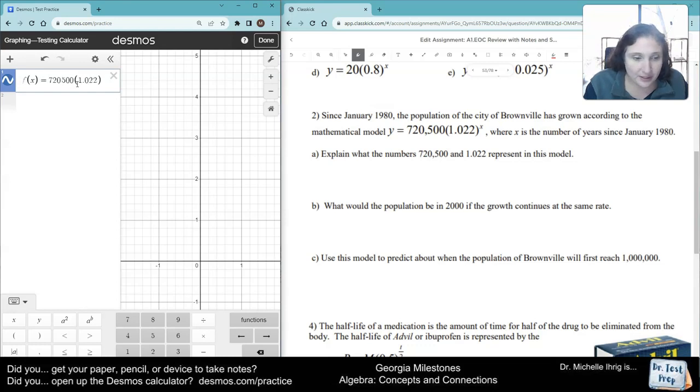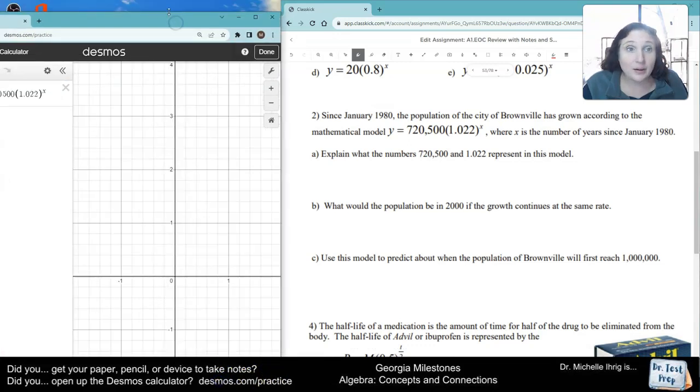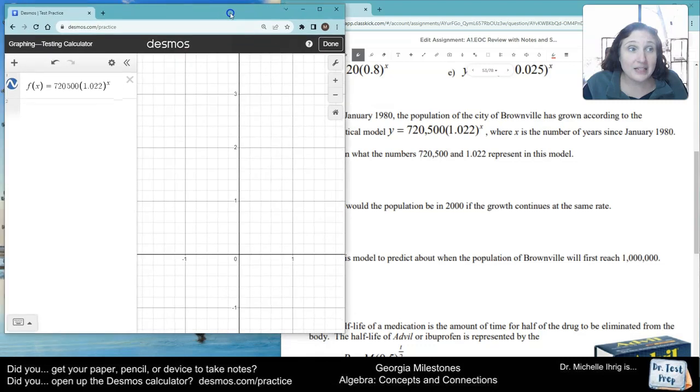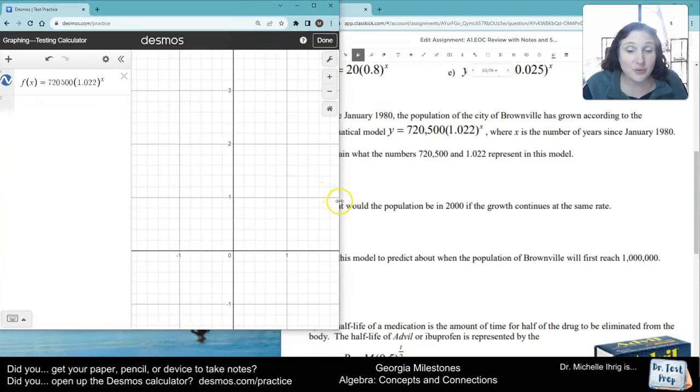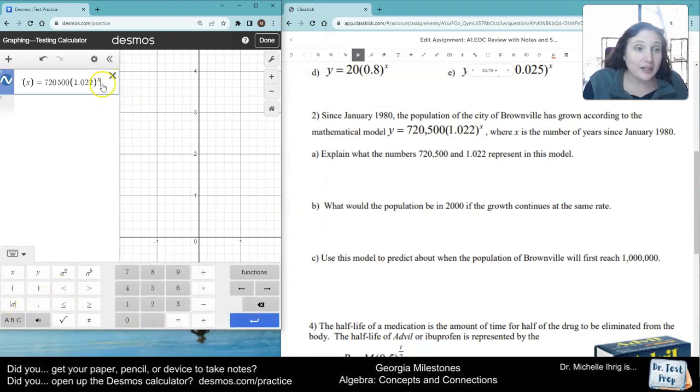Remember to use this AB button to get the exponent in. Let me move this so you can see it a little bit better. It's always good to type in anytime you see a function. One, it gives you practice. But two, it's just super helpful. So let me type that in one more time.